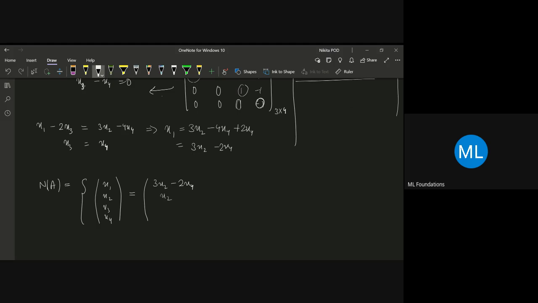Then you have x2, then you have x4 and x4, right? So again, we can write it as x2 times (3, 1, 0, 0) plus x4 times (-2, 0, 1, 1), right?